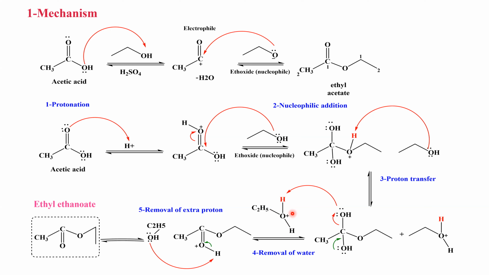So whenever we are writing the reaction mechanism, we have to see the sites, the points where there is a possibility that any atom or structure is not in a stable form.